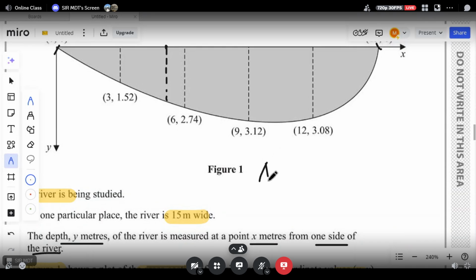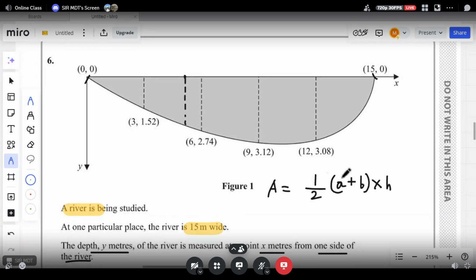We know the area of a trapezium is half of A plus B times H, right? Okay. Where A and B are the two parallel sides of a trapezium, and H is the distance of separation between the two parallel sides of the trapezium.